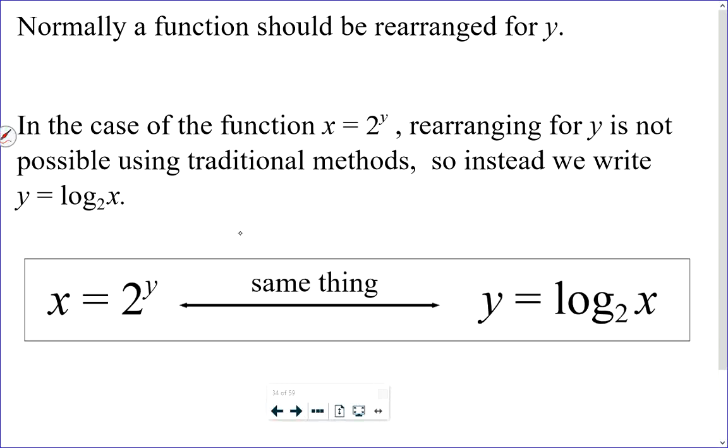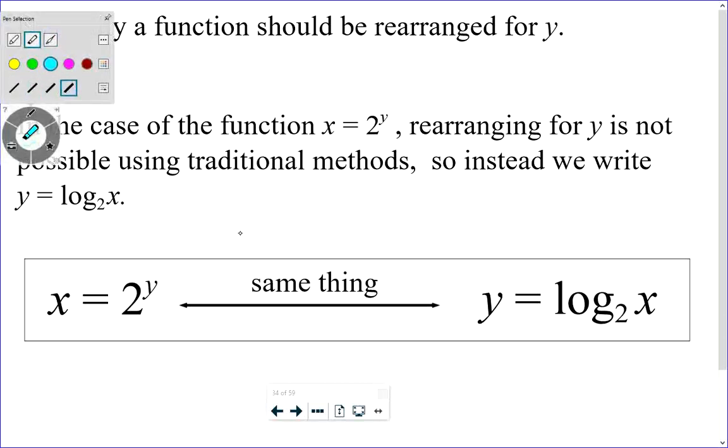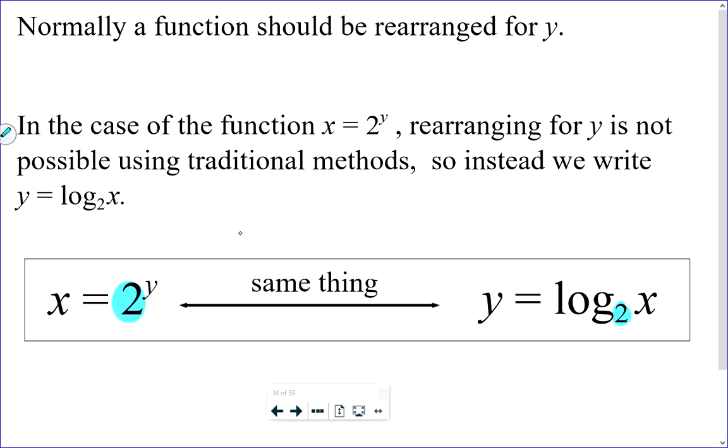The y, the word log, and the x are all on what I call the main line. The base is written as a subscript. And I want you to notice that the base in the exponential function and the base in the logarithmic function are the same. Okay? So the inverse of a base 2 exponential function will be a base 2 logarithmic function.